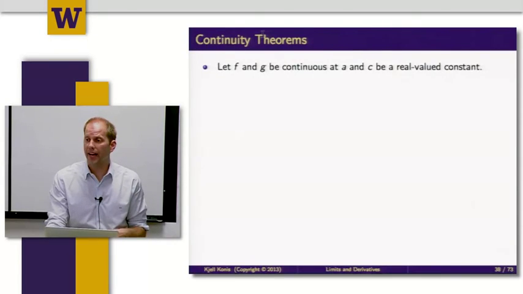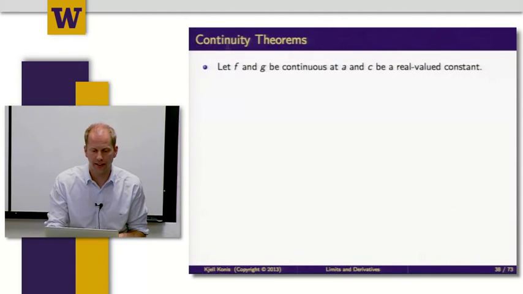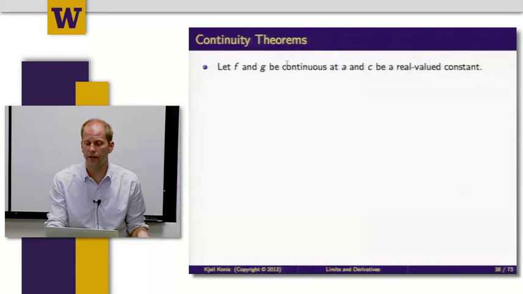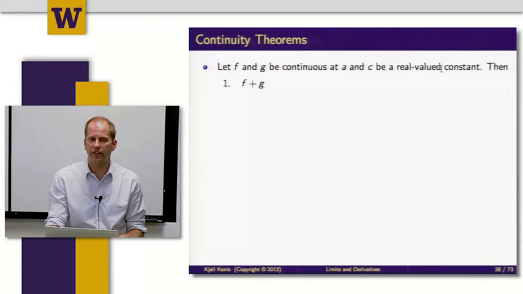And so then, again, in a first-year calculus textbook, you're going to be able to find lots of theorems about when a function is continuous. And so I'm just going to list off a lot of these very quickly. So let f and g be continuous functions, so they're continuous at a point A. And again, c is just going to be a real valued constant. So the sum of two continuous functions is continuous. The difference of two continuous functions is continuous.